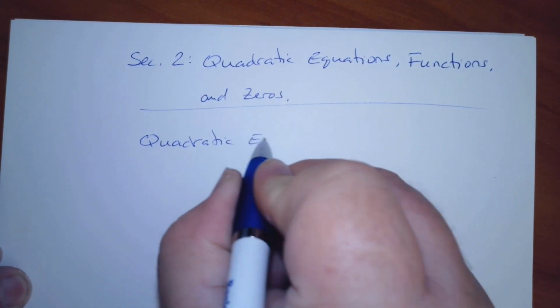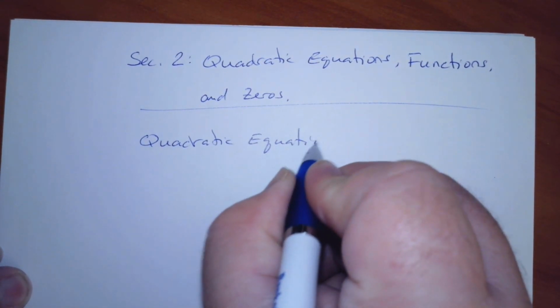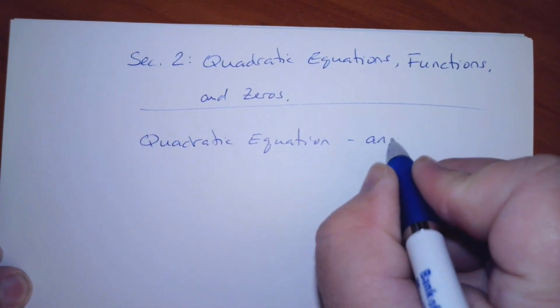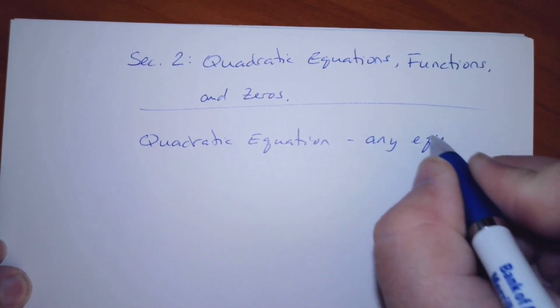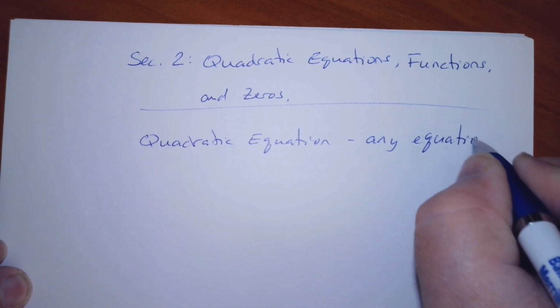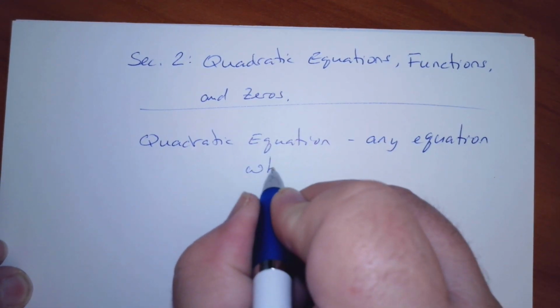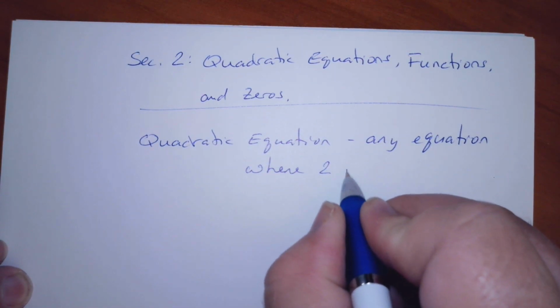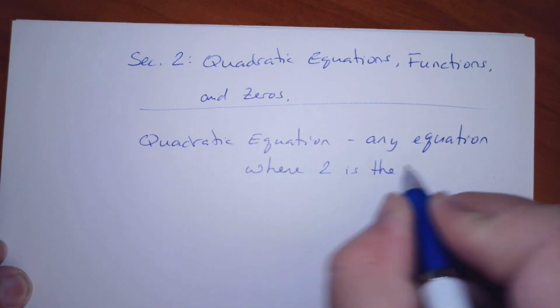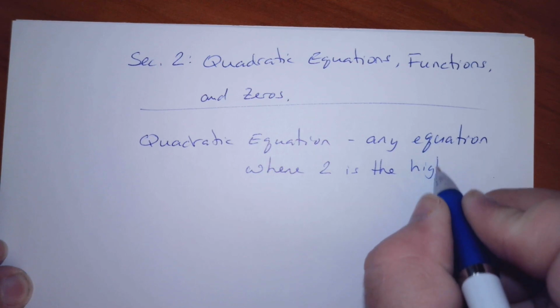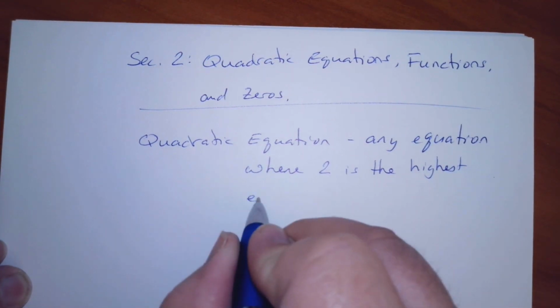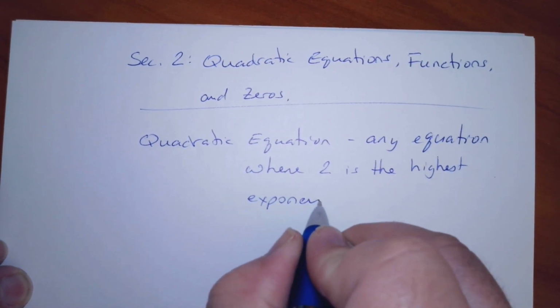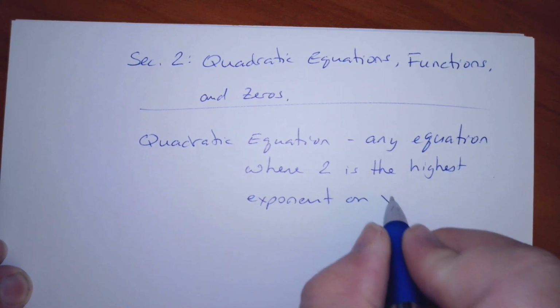A quadratic equation is any equation where 2 is the highest exponent on x.